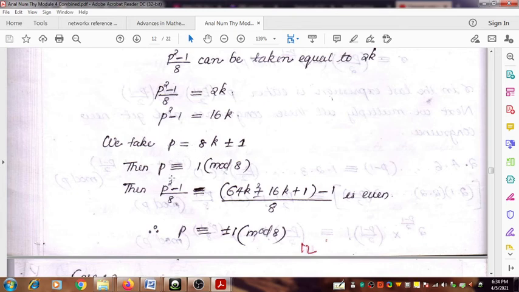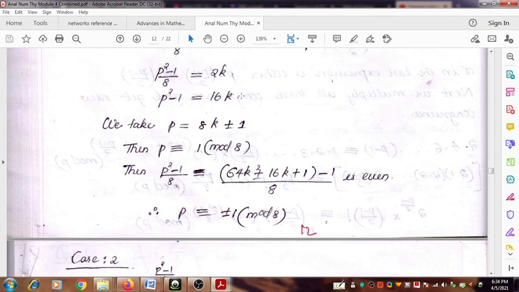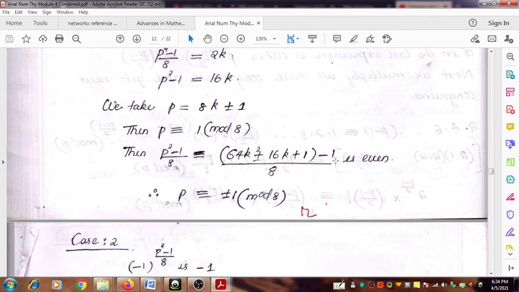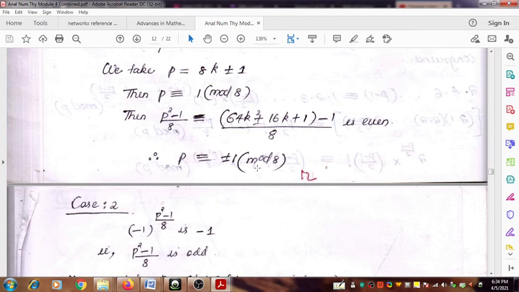immediately you can write p is congruent to, in this case p is congruent to 1 mod 8, and then when we substitute this quantity, this specially taken p can be substituted there in p square minus 1 divided by 8, and then expanding that square and cancelling, we get that p is equal to plus or minus 1 mod 8.